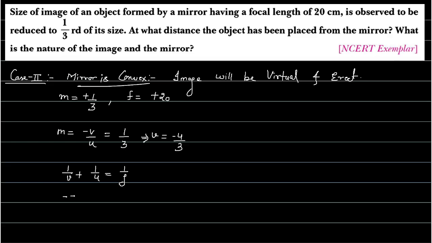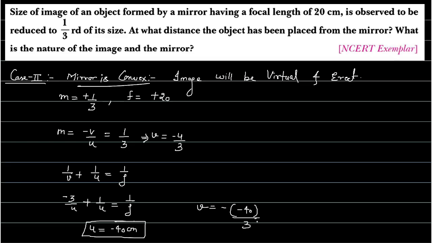So it comes out to be minus 3 by u plus 1 by u equals 1 by f. So it comes out to be minus 40 centimeter this time, and v comes out to be minus 40 by 3, that is plus 40 by 3 centimeter.